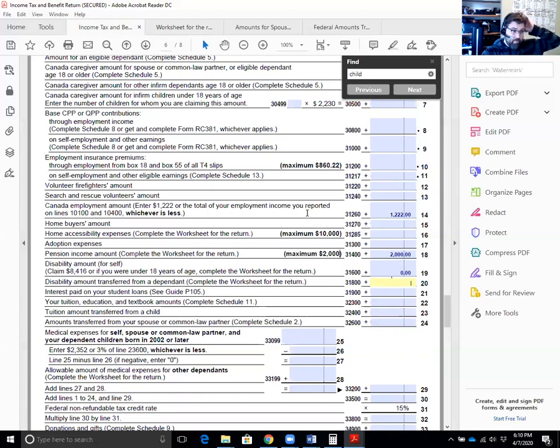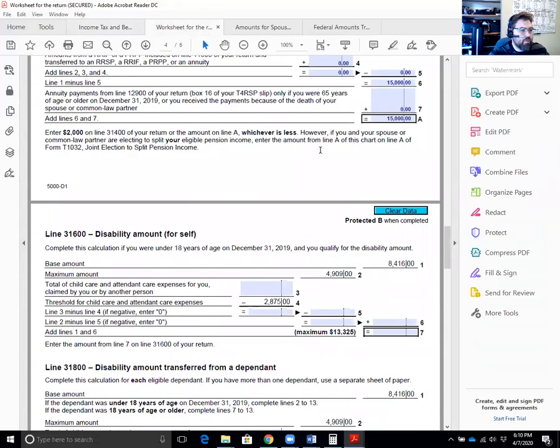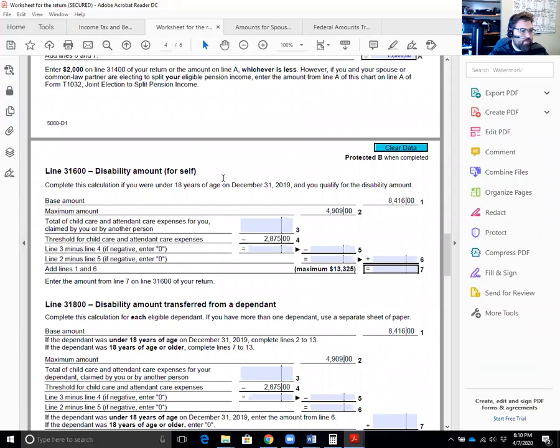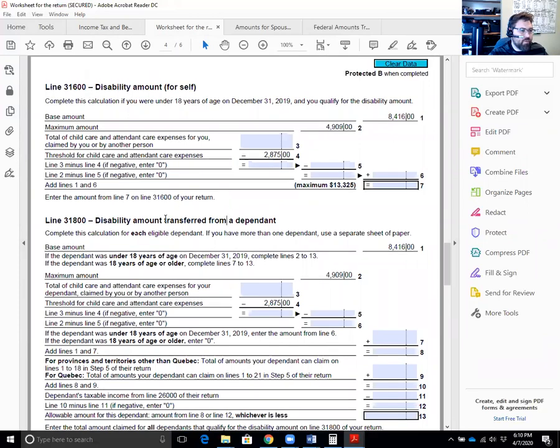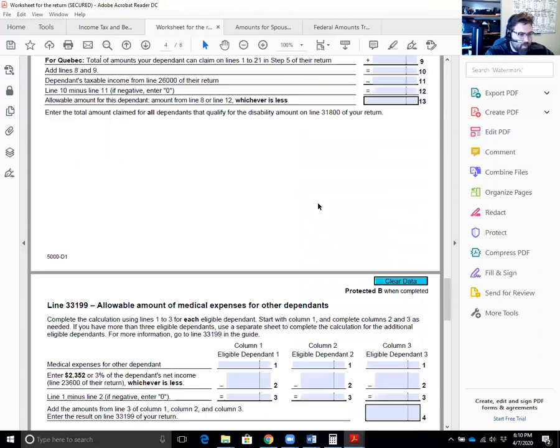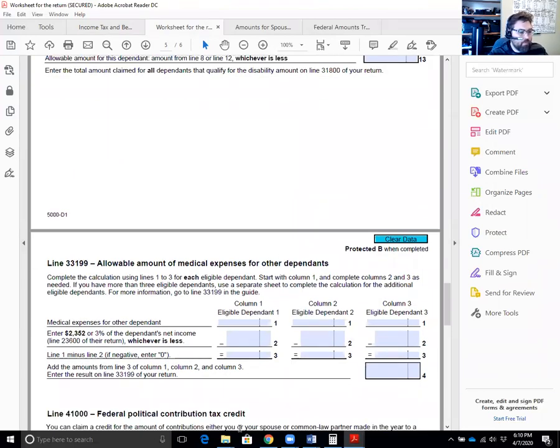That's something we can transfer, and it is in the worksheet, but not part of this course. So here's a disability amount for self, disability amount transferred from a dependent. Okay, so there's a transfer here in this worksheet for disability from a dependent, but we're not going to be doing that in this question.